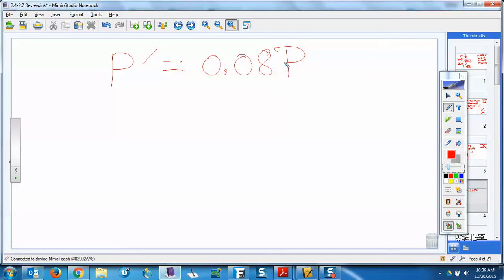Except the y, our output variable, is not y, in this one it's P, right? So it's P prime equals 0.08P. So the solution to this should be P equals A, E, and instead of K, this is the K, right? And so 0.08 and then T, right?